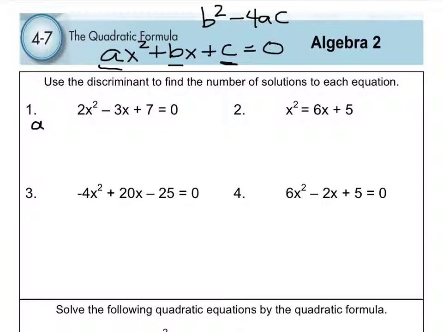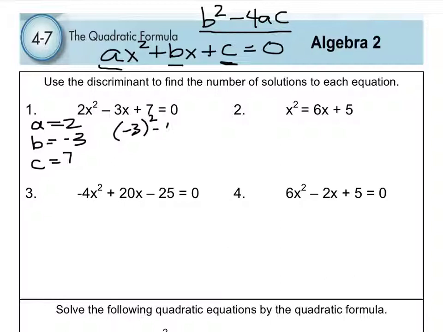Okay, so I have to identify what's a, what's b, what's c. In this case, a is going to be 2, b is going to be negative 3, and c is going to be positive 7. And I'm going to substitute that into this expression, b squared minus 4 times a times c. So I've got b, which is negative 3, squared, minus 4 times a, which is 2, times c, which is negative 3.